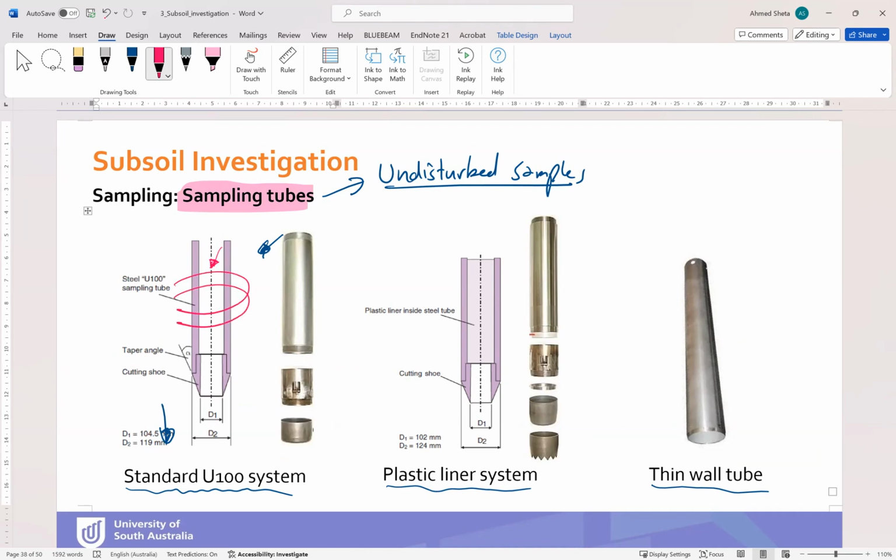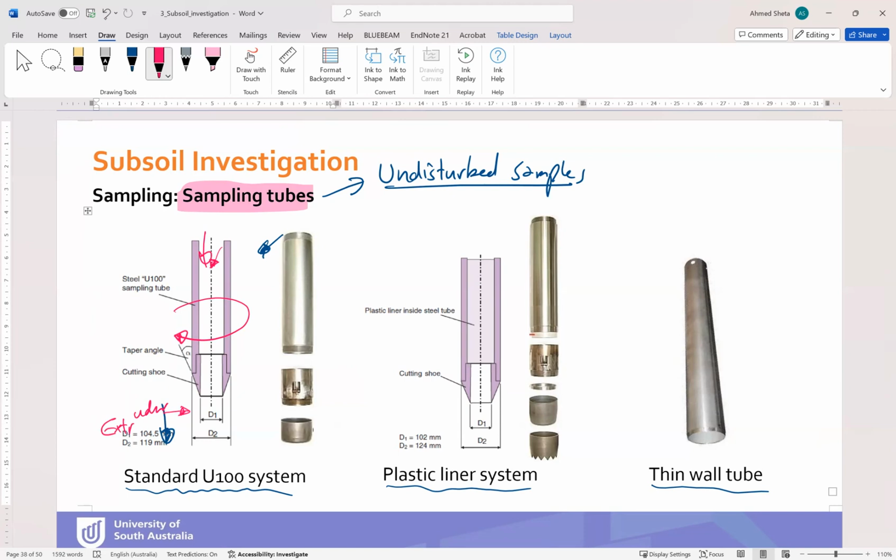We can also rotate during pushing, so pushing and rotating at the same time to fill the sampler with soil. Then there is an extruder. This extruder will help us to extract the soil from the sampler after finishing.